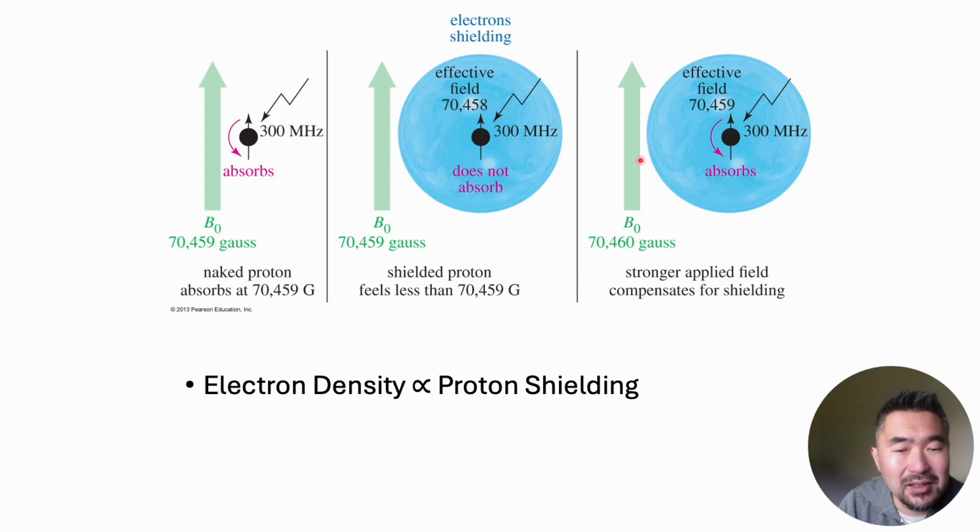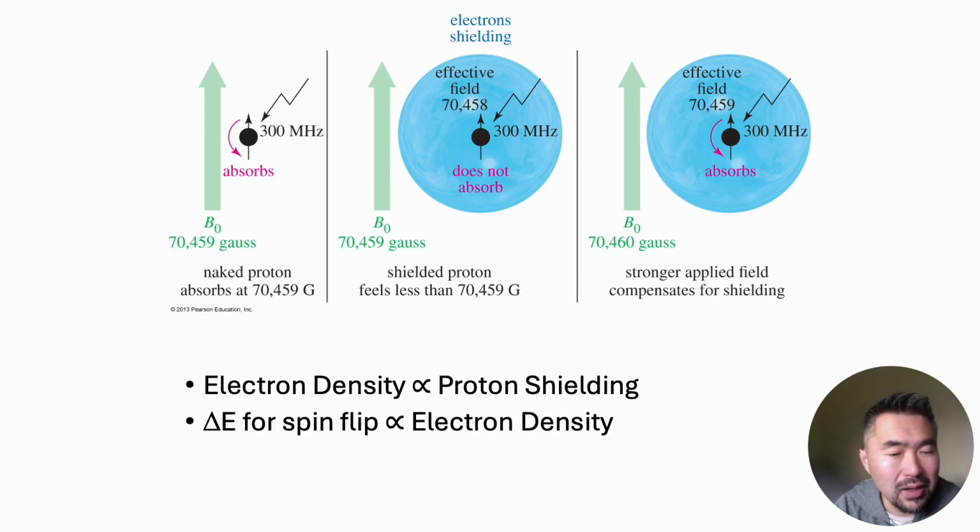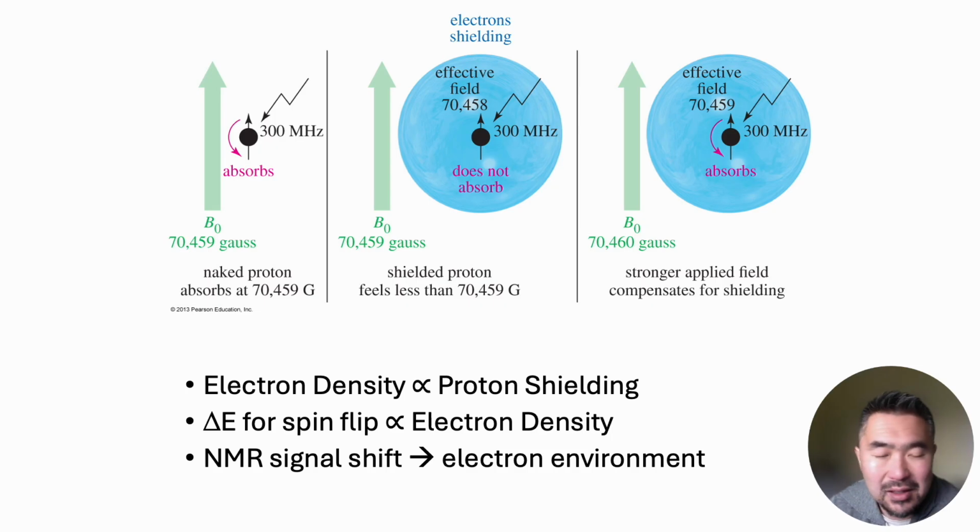With a really tiny shift in magnetic field, you could tell how strong of a radio frequency each proton had to absorb to flip the spin state. That in turn is dependent on the electron shielding effect, which is proportional to how much electron density you've got. So that tells us about each hydrogen, how much electron density it has.